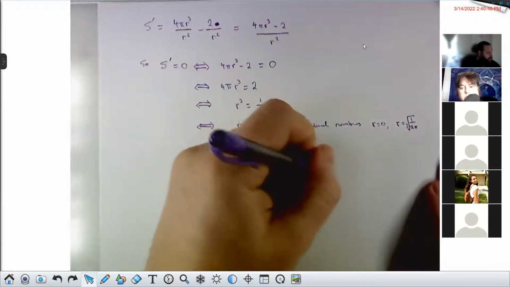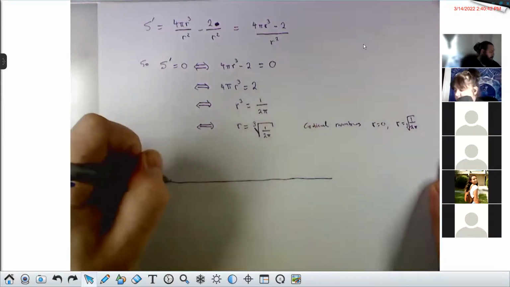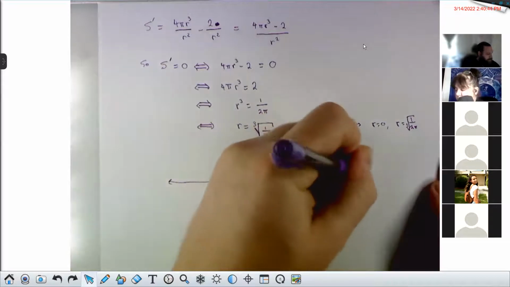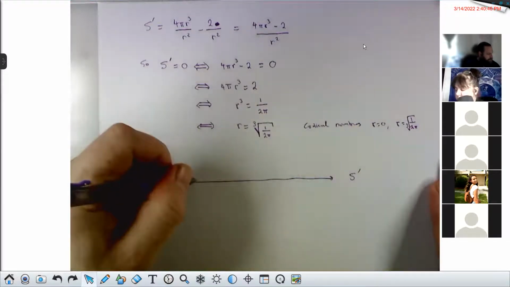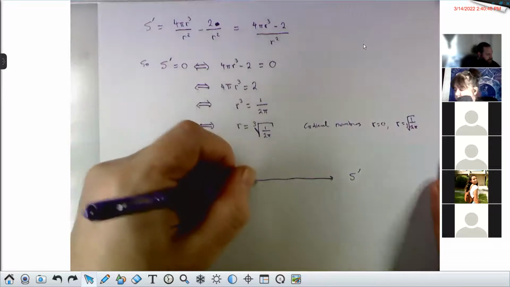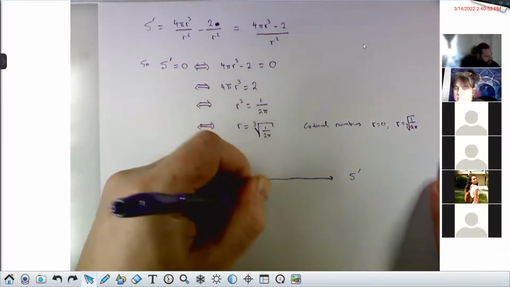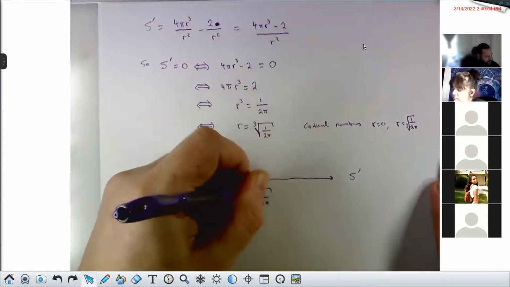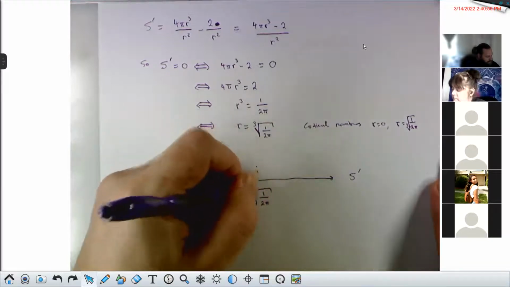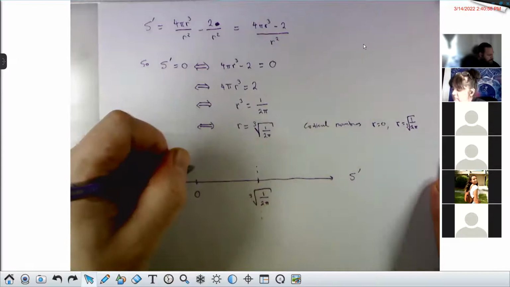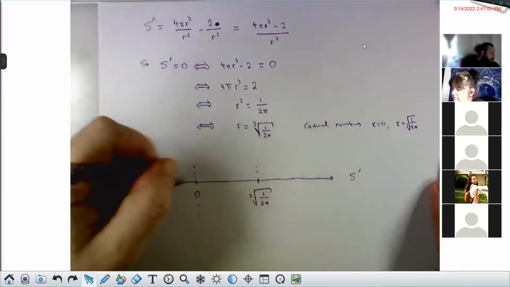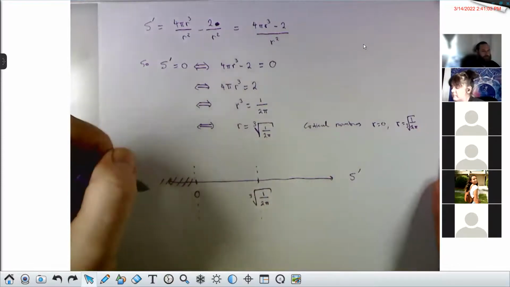So I draw a number line. This is the number line for s primed. Put 0 over here, and the cube root of 1 over 2 pi here. Definitely not interested in anything to the left of 0.